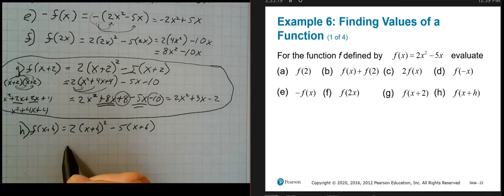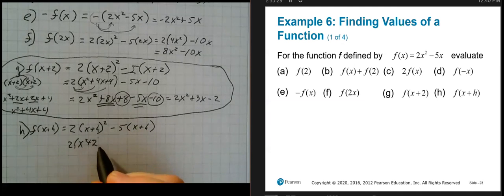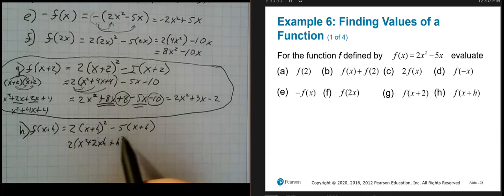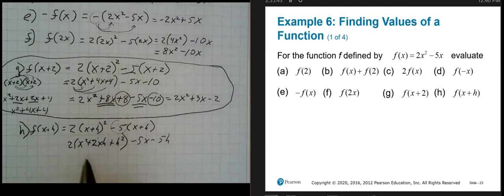And so that's going to be 2 times the trinomial, x squared plus 2xh plus h squared. And over here, I'm going to multiply in by this -5. So that's a minus 5x minus 5h.